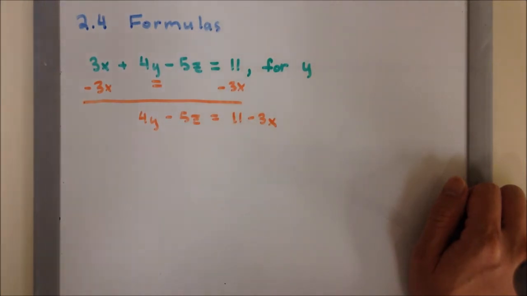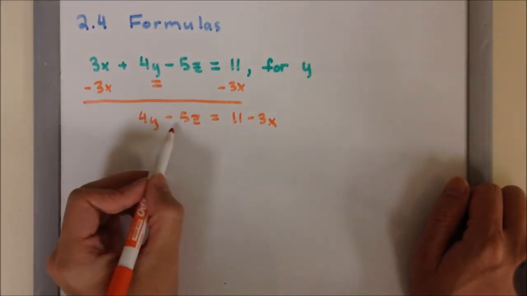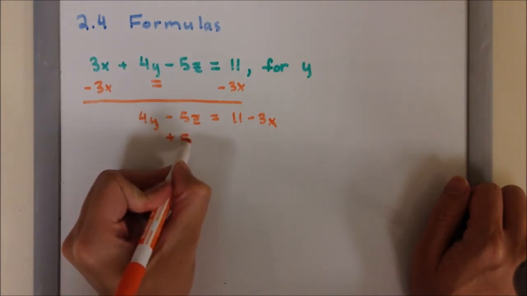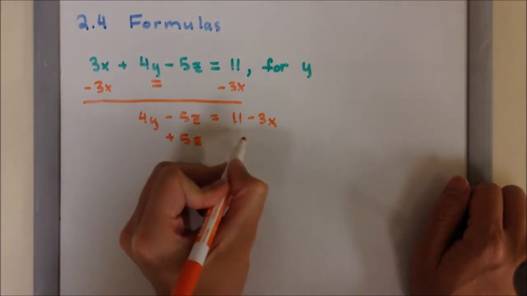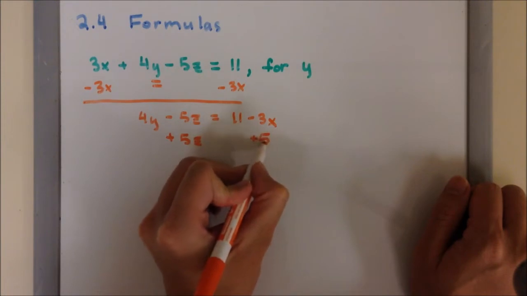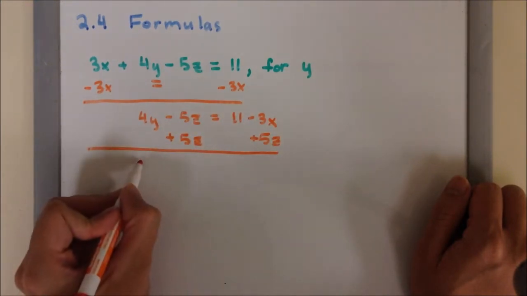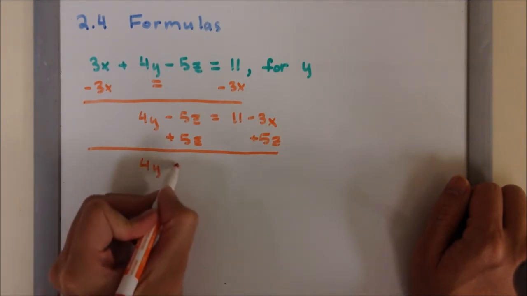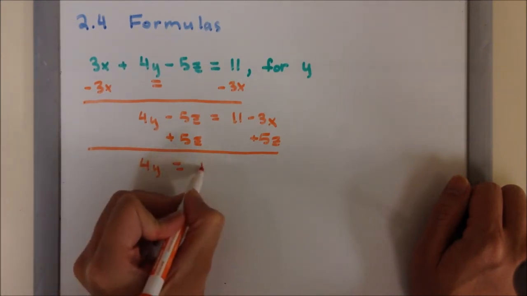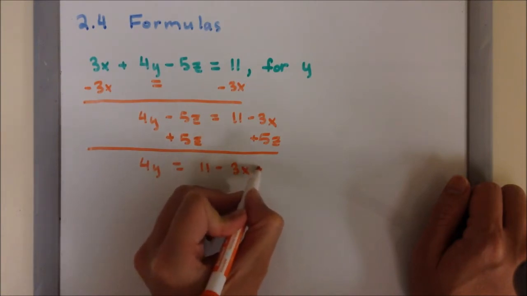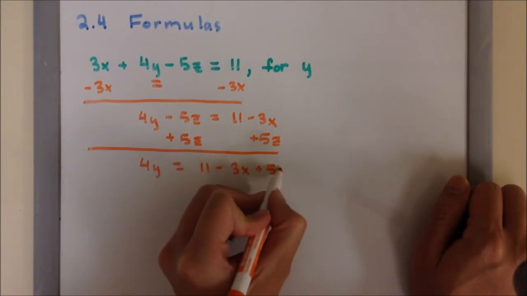Alright, next I want to get rid of the minus 5z, so the opposite will be plus 5z. So it will be 4y equal 11 minus 3x plus 5z.